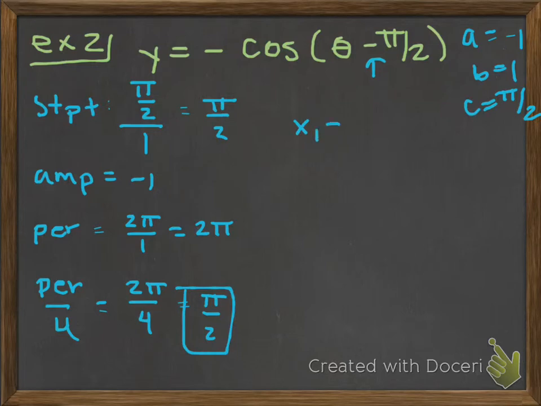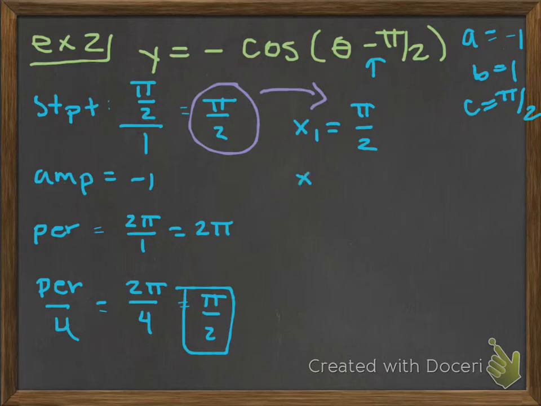So my x1 value is pi over 2 this time. And this pi over 2 is coming from my starting point. It has nothing to do with what we're adding each time, that just happened by chance.